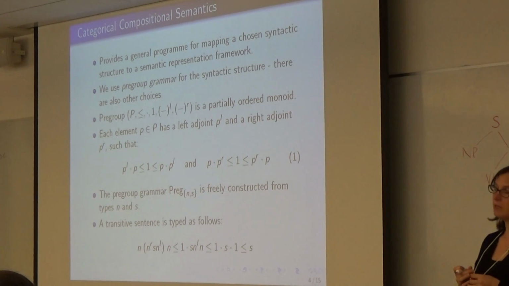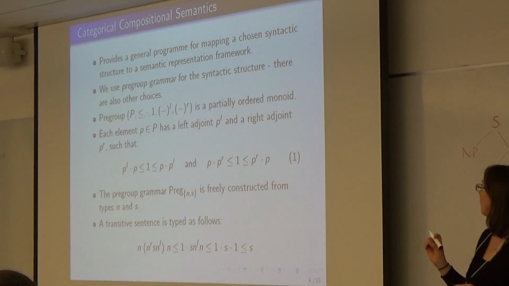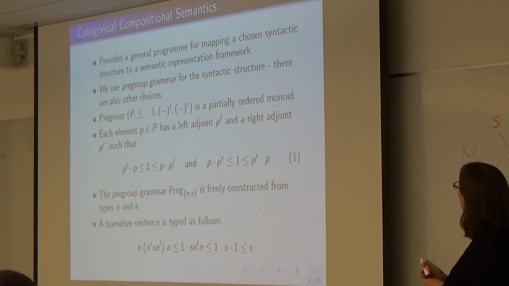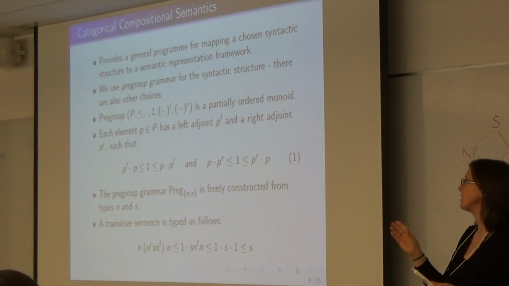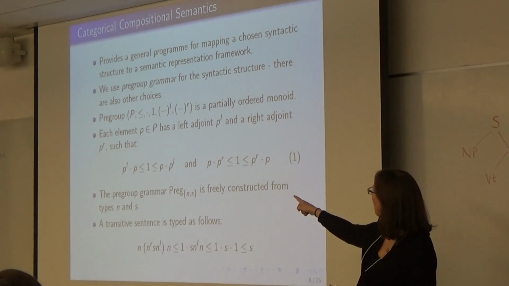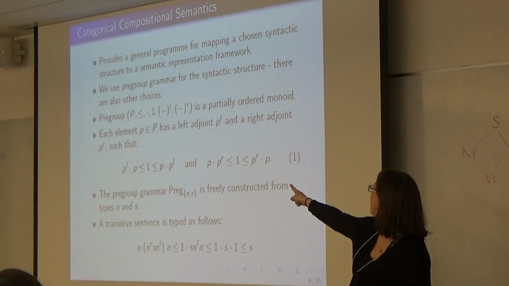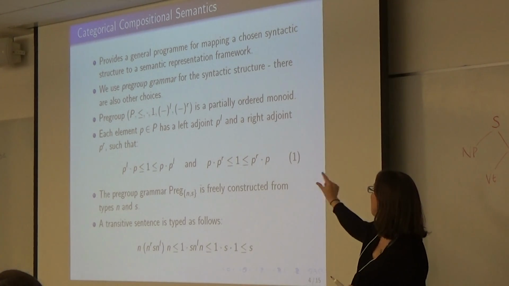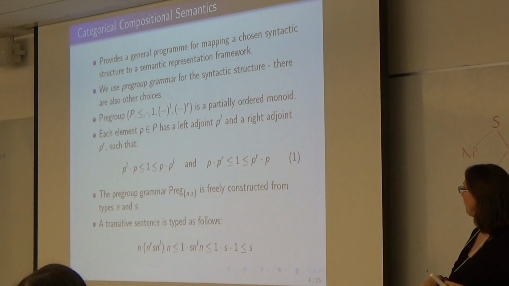A pregroup is a partially ordered monoid where each element in the set P has a left adjoint and a right adjoint. And those adjoints, you can kind of think of them as inverses. So we've got this, P P^l sort of cancels out to 1, and similarly P^r P cancels out to 1.